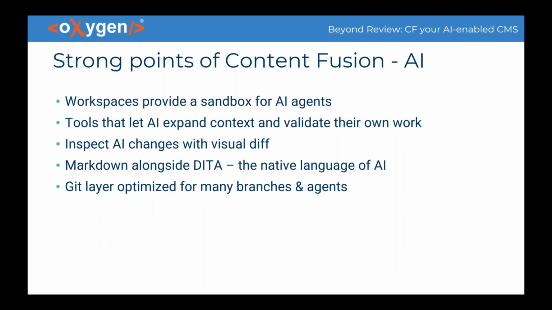Now let's iterate a bit through the strong points of the Content Fusion CMS. The workspaces feature was designed to allow AI agents to work in a sandbox and to have multiple of them working in parallel.